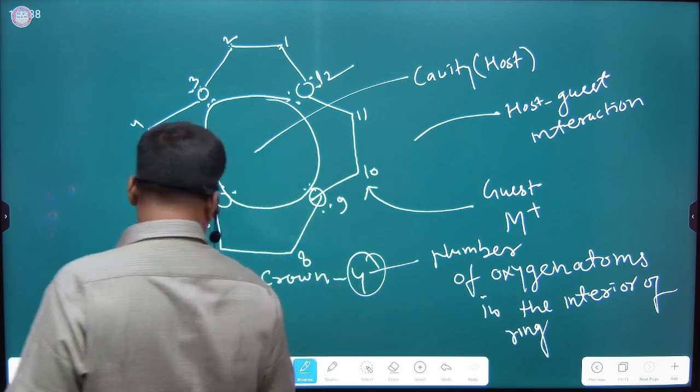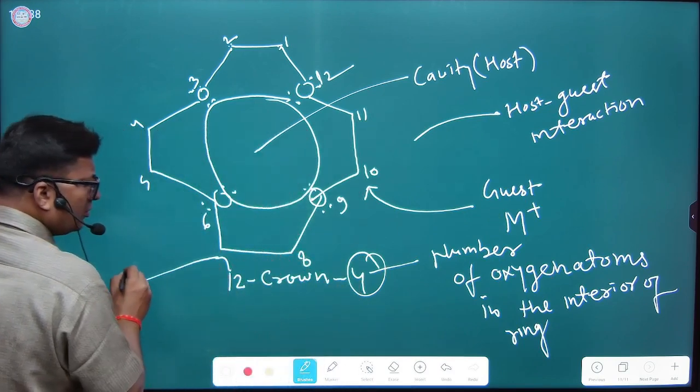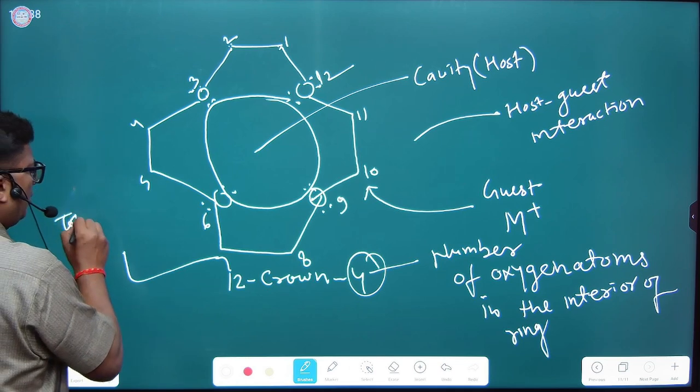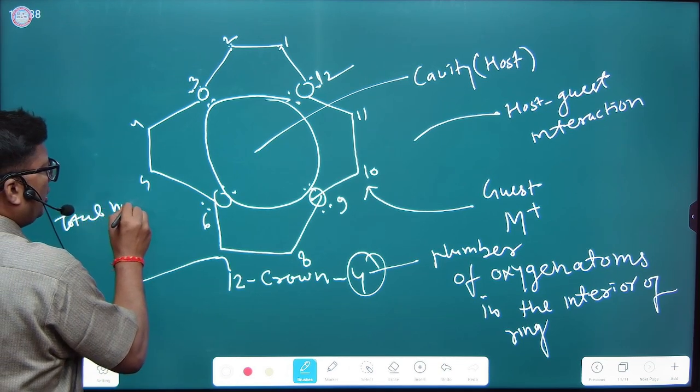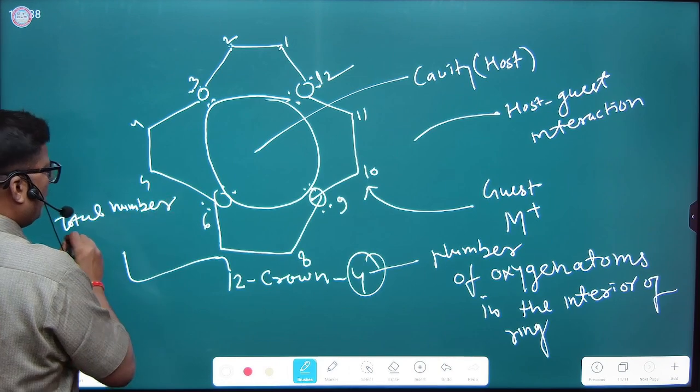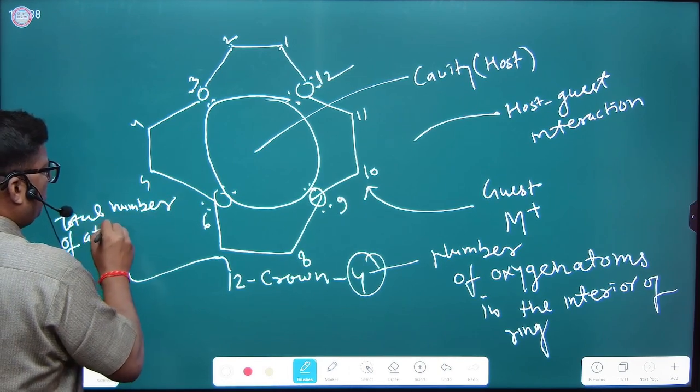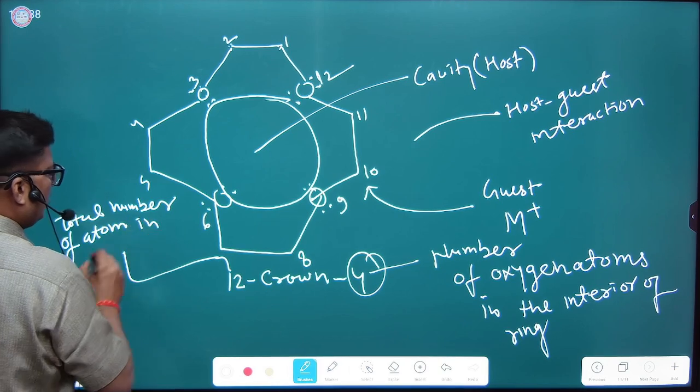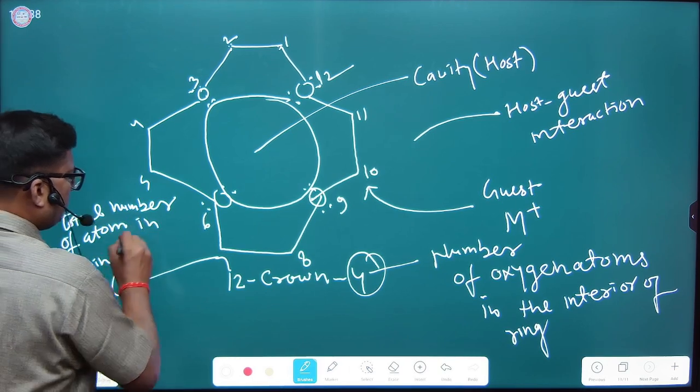And this 12 is the total number of atoms in the ring, right?